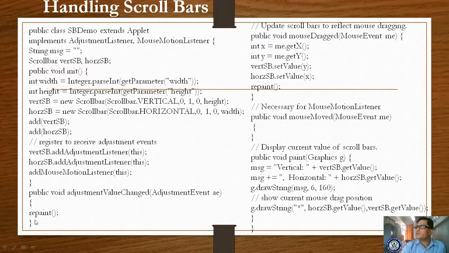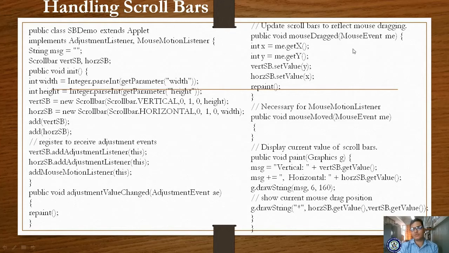Repaint method means you are redisplaying. Let us see here. Whenever you perform the mouse dragged option, when you move the thumb, the public void mouse dragged event listener should be evaluated. This has been registered.